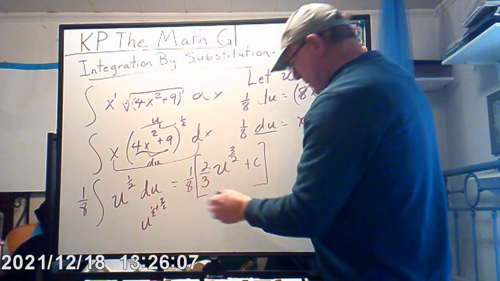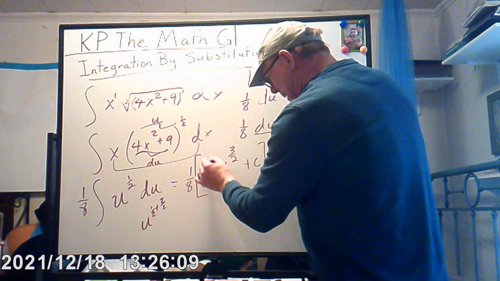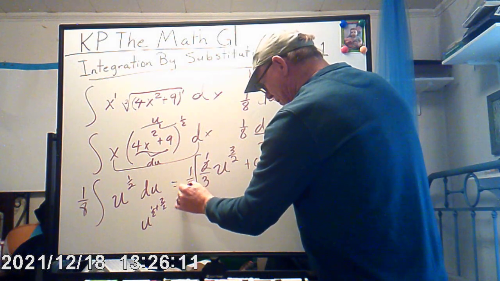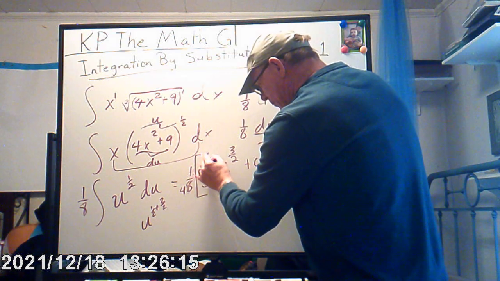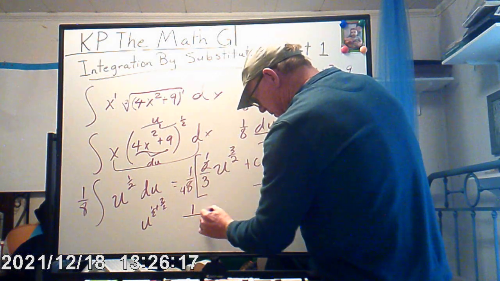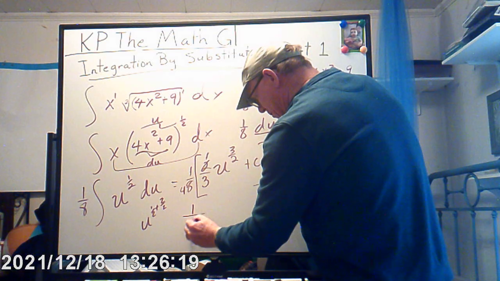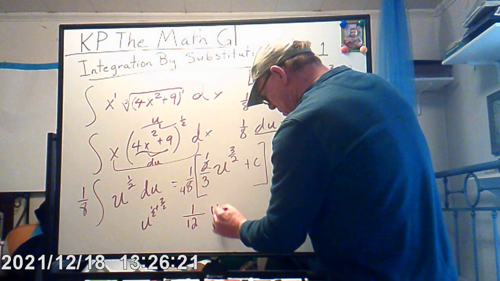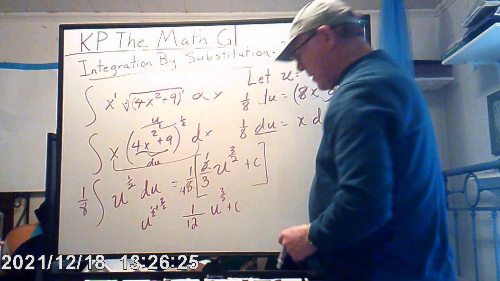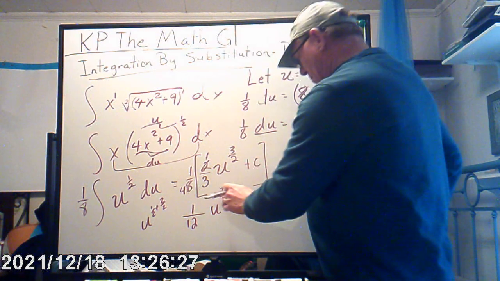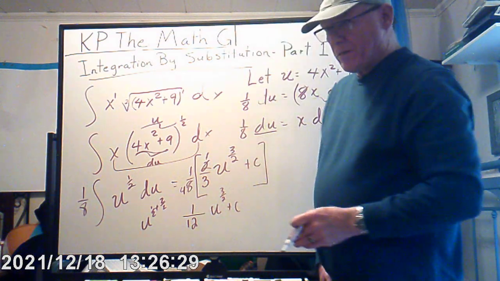We can divide this out. 2 and 8, 1 and 4. So now this is 1 over, 1 times 1 is 1, 4 times 3 is 12. u to the 3/2 plus c. But now we don't want to keep it in terms of u.